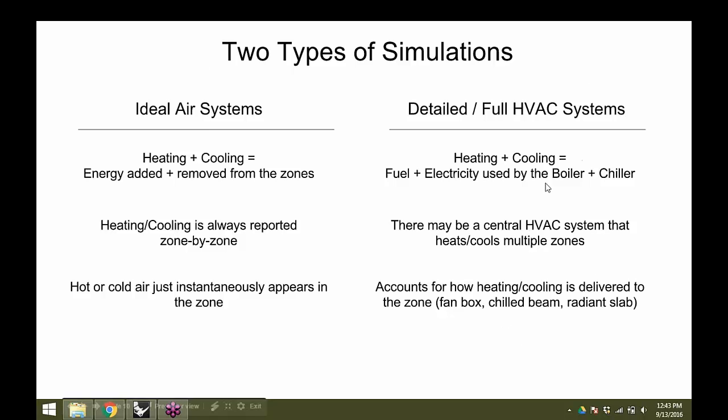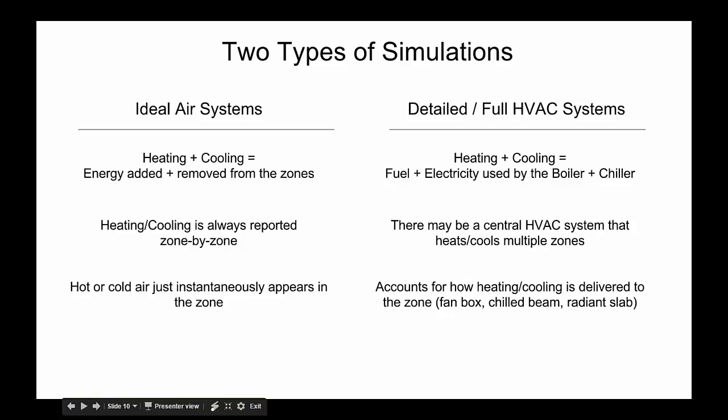Whereas the detailed full HVAC is going to account for how that heating or cooling is delivered to the space, whether it's a fan box that blows hot air in, a chilled beam that might radiate heat or cooling to a space, or a radiant slab that might be heated or cooled and then cools down the rest of the space. So this is all being modeled in a detailed full HVAC system, whereas it's only just this ideal air that's appearing in the space for an ideal air system.